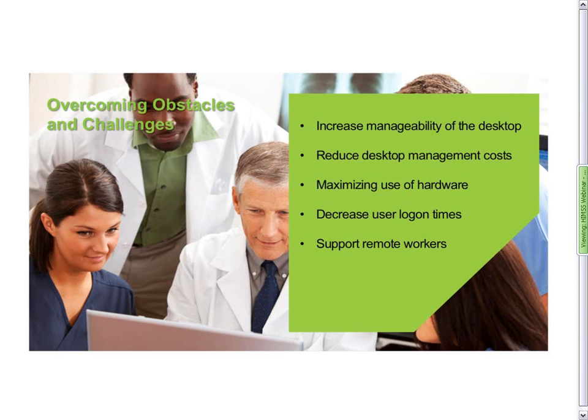So as we looked for a new way, with the mainstream of virtual desktops and applications, we were looking at how we can maximize the use of our existing hardware, leverage our knowledge and investment we already had with Citrix, make it scalable, and then make it easy to manage that environment.